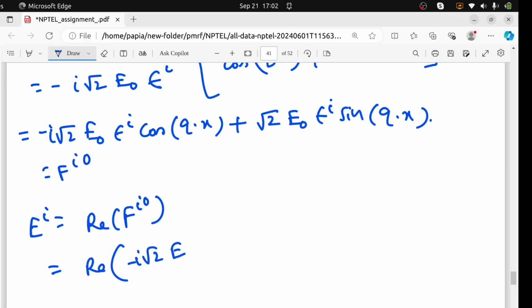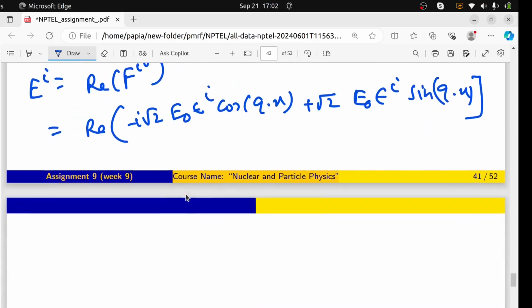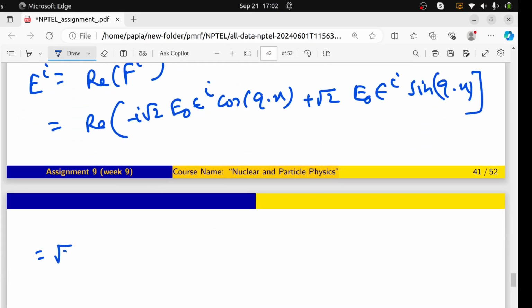this one, that will be the root 2 e0 epsilon I sin q dot x.